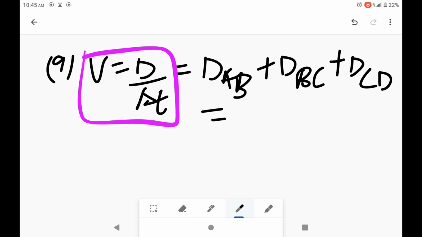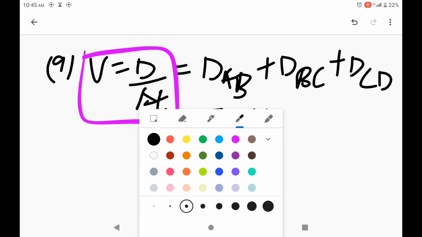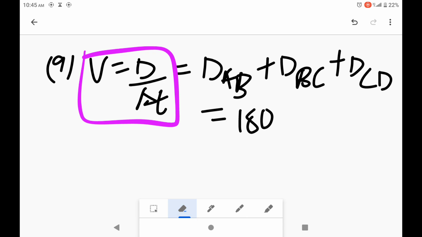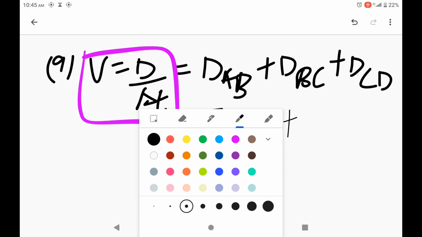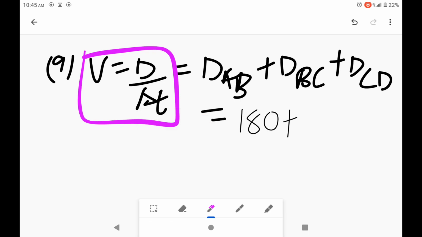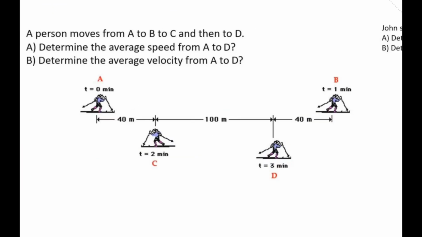Let me write 180. I think I need to adjust the size of this pen. 180 plus the distance BC.